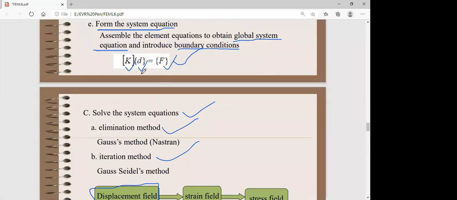In the global system equations, the unknown matrix is the displacement vector D. You know the material stiffness constants and the loads applied on the physical system, but the displacements are unknown, and that we have to find out.